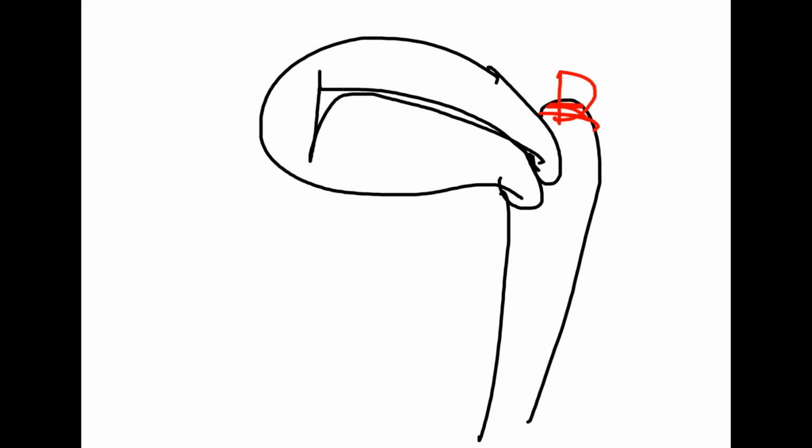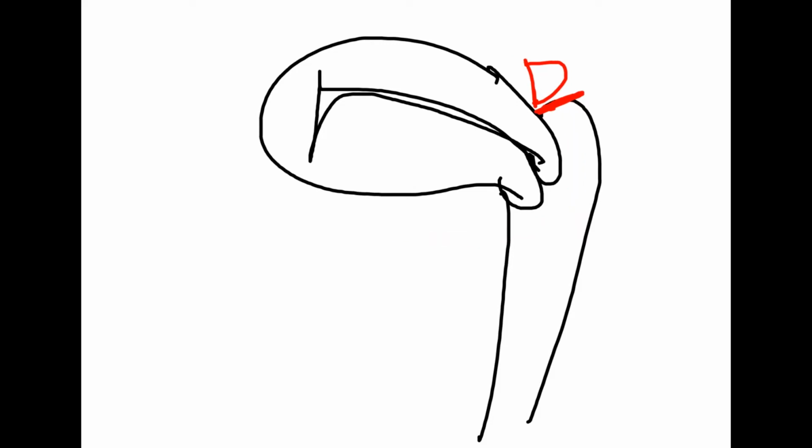Okay, so here is the Douglas pouch, and that's the upper part of the posterior vaginal fornix, and that's where point D is. If the woman had a hysterectomy, point D will not be there, because there will not be Douglas pouch, because the uterus is already removed. Okay, so that's point D.